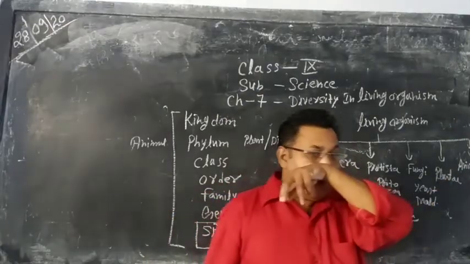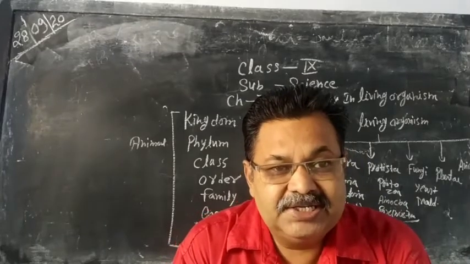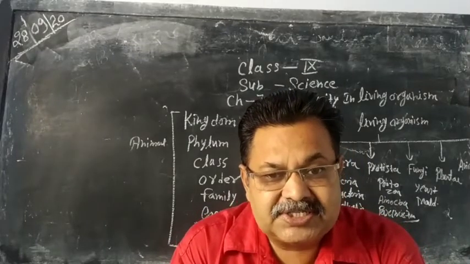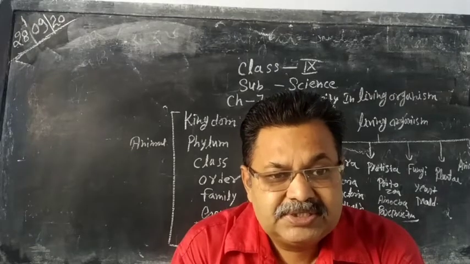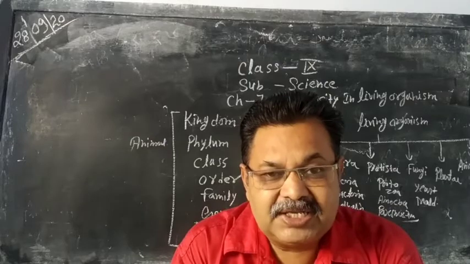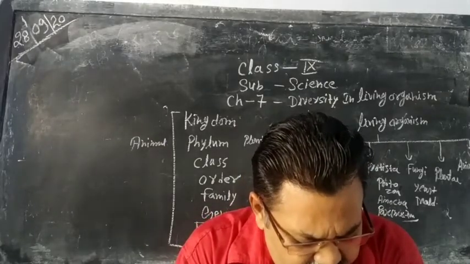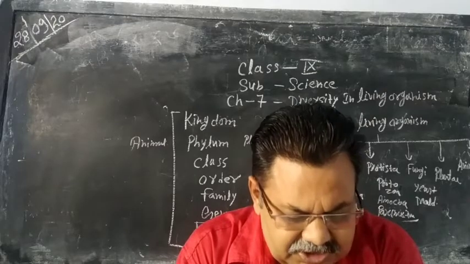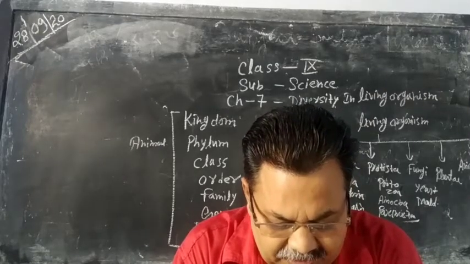Animalia are all multicellular organisms which have eukaryotic cells, and the mode of nutrition is heterotrophic. Some are saprophytes and some are parasites. So this is the 5 kingdom classification system which was given by Whittaker.